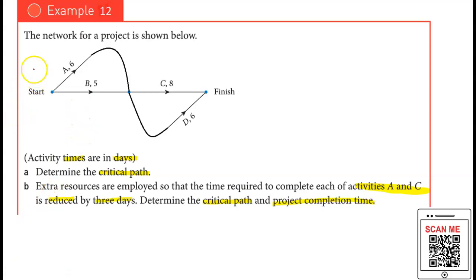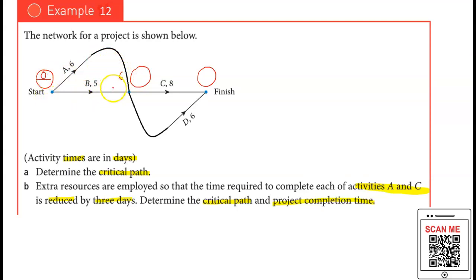Right, how are we going to find the critical path? Before you do that, you have to find the EST and the LST values. So I'm going to draw the nodes here, or you can draw boxes, up to you. I'll start with the start of the activity, where the EST value is always 0. And 0 plus 6 is 6 here, because you have more than one path.